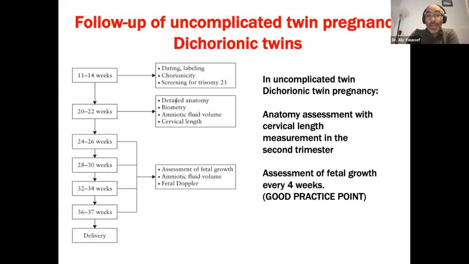We perform the dating, labeling, we confirm the chorionicity, and we do the screening for trisomy 21. And if everything is okay with the 11 to 14 weeks visit, we can see the patient directly at the time of the detailed anatomy scan, so at 20 weeks, in which we do the biometry, we measure the amniotic fluid volume, and we measure the cervical length.